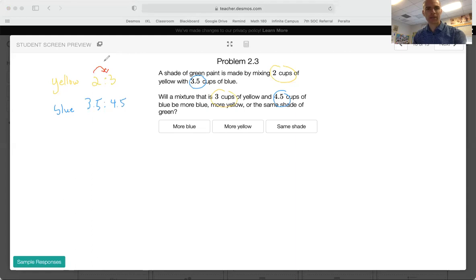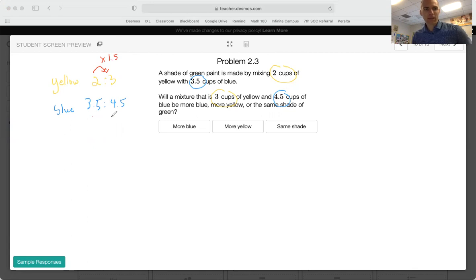I'm lagging out a little bit here. That's times 1.5. If you take 2 and multiply it by 1.5, you get 3. So if they're the same color, then the blue should also be multiplied by 1.5. If we have 1.5 times as much blue, then all the ratios should be equivalent and we'll wind up with that same color of green.